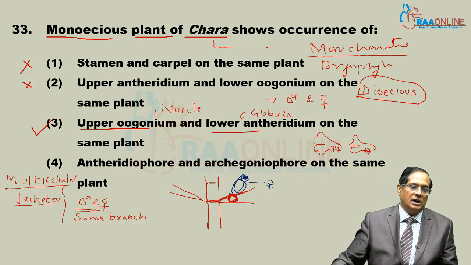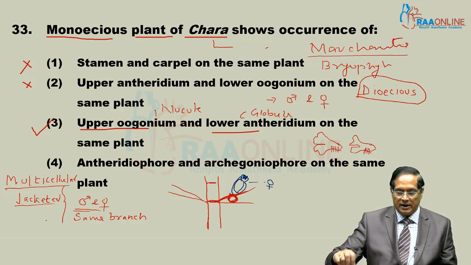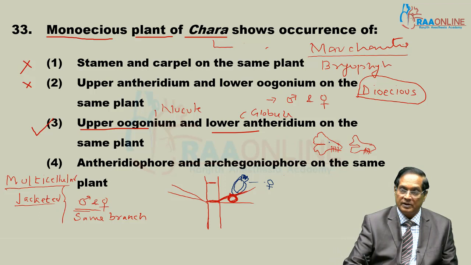At the time of reproduction, a vertical branch arises from the Marchantia thallus. On one thallus the male reproductive structure is present, whereas on the other it bears the female reproductive structure.